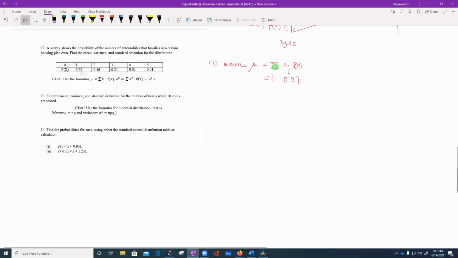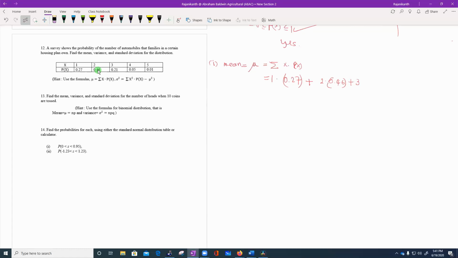Then summation means you have to add, right? Then put the plus sign. Now go for the second value. My second x value is 2 and its corresponding probability is 0.46. Therefore 2 times 0.46. If you want, you could put into parentheses, right? And so on.